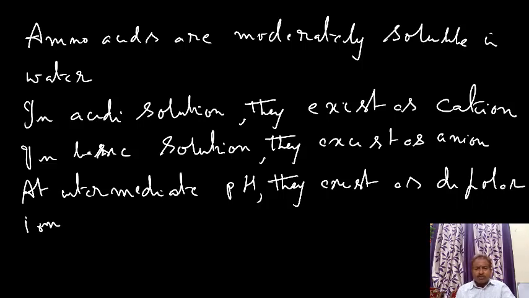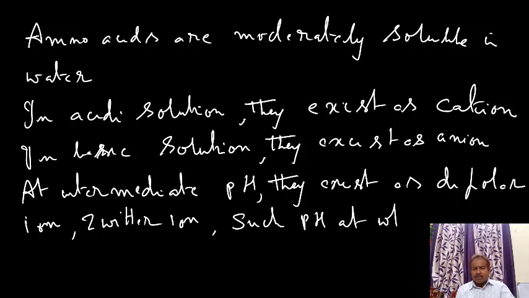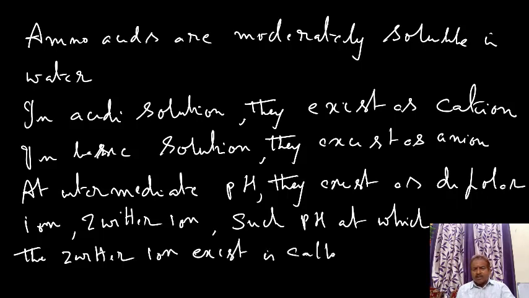A dipolar ion is nothing but a Zwitter ion, that is, it has a positive charge and negative charge. Such a pH at which the Zwitter ion exists is called the isoelectric point.